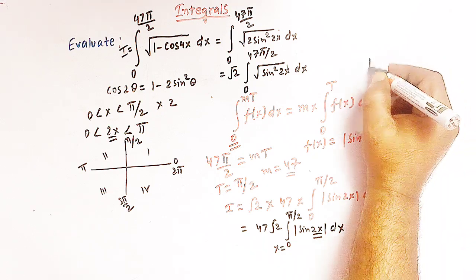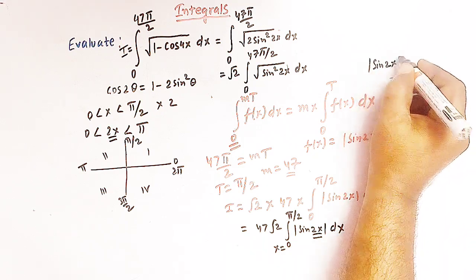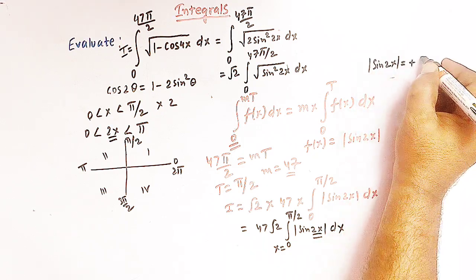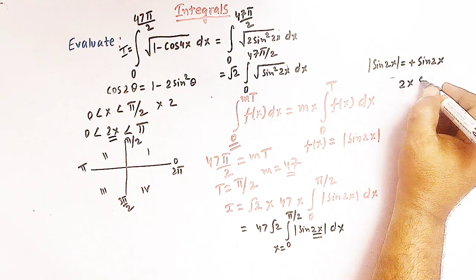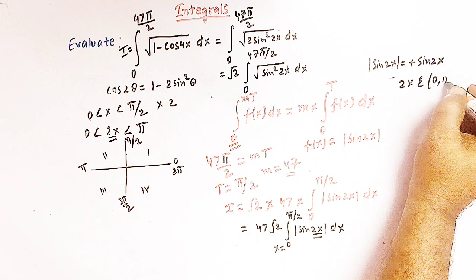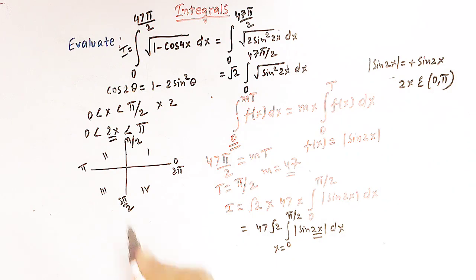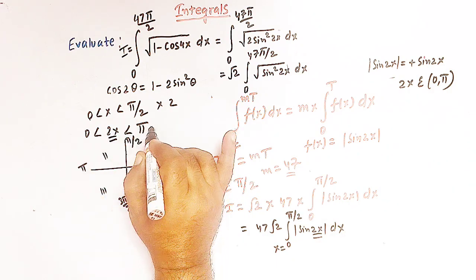So mod of sine 2x is equal to positive sine 2x when 2x belongs to the interval 0 to pi, as we have proved over here.